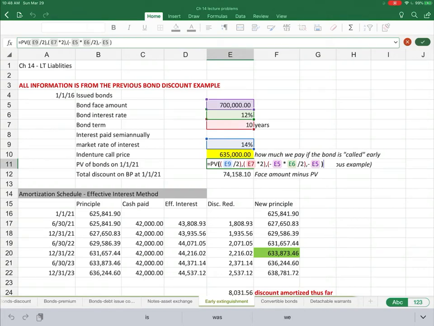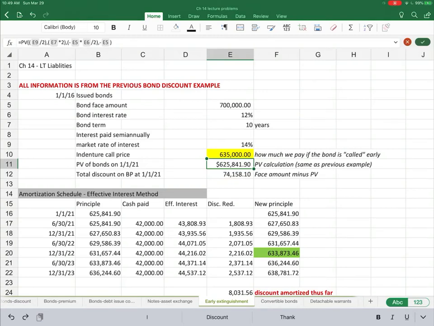Our future value would have been $700,000 and our type was 0. The total value of the bonds on that day was $625,000, which means we would have had a total discount on bond payable of $74,158. The face amount minus the present value gives us the total discount.